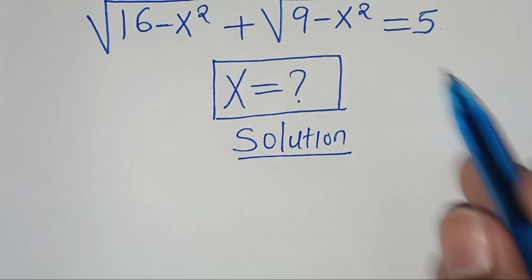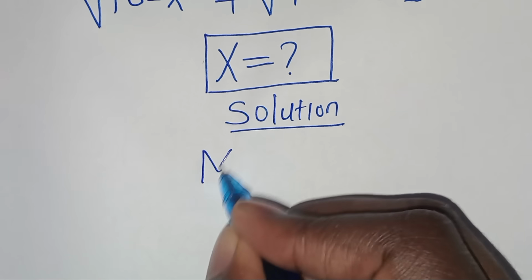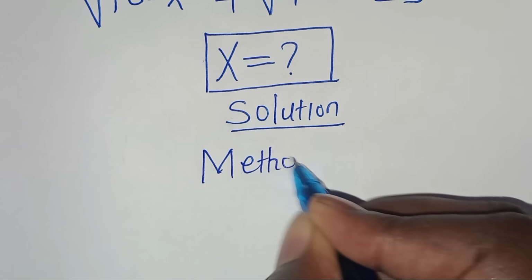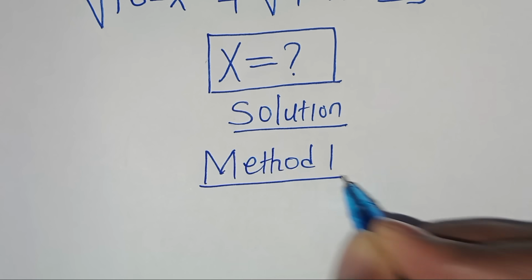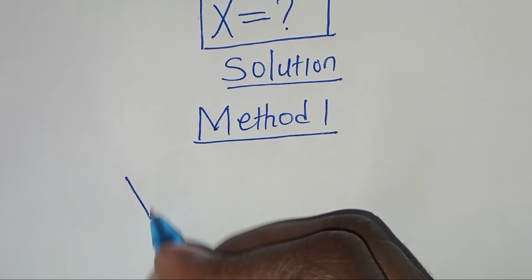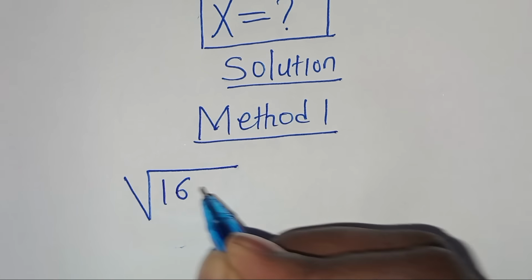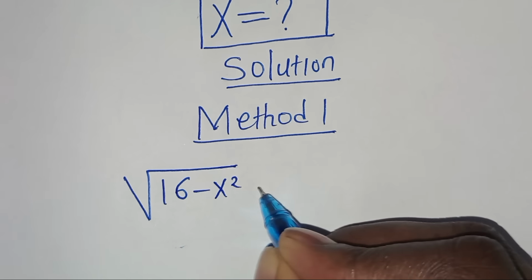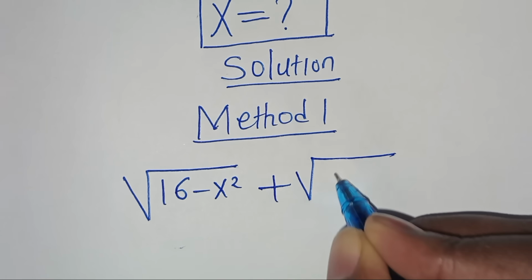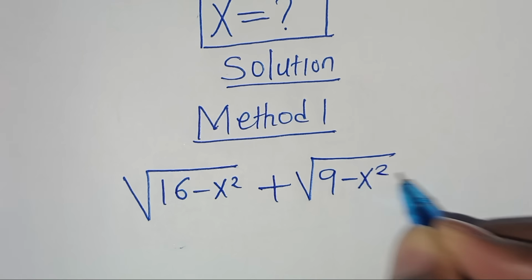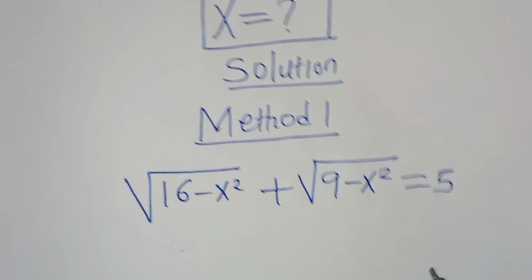Now we are going to solve this math problem by applying two methods. Let's start with method 1. Now we have the square root of 16 minus x to the power of 2 plus the square root of 9 minus x to the power of 2. This is equal to 5.